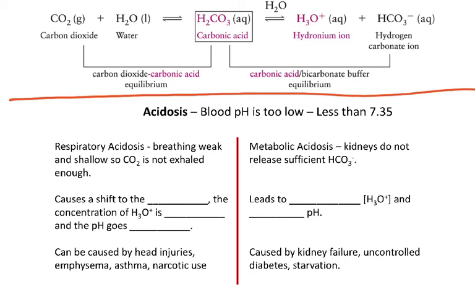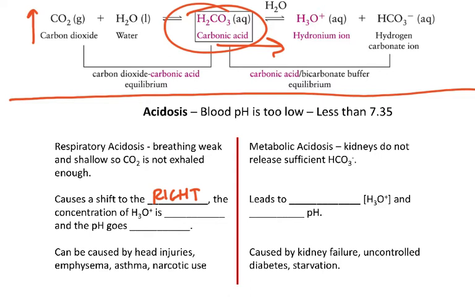So think about equilibrium and Le Chatelier's principle. If CO2 goes up, that will cause a shift to the right to produce carbonic acid, which would then cause a shift again to the right.